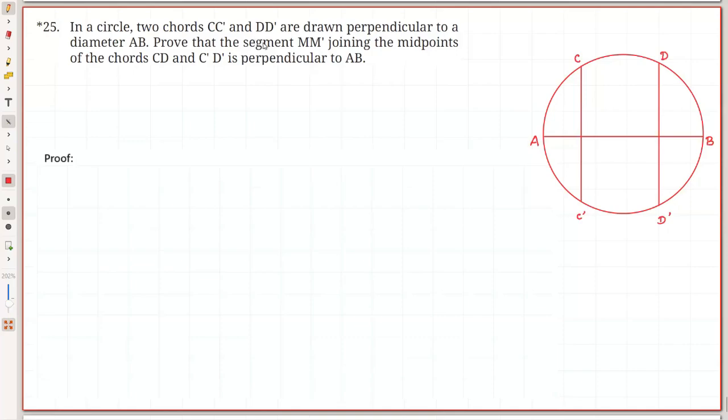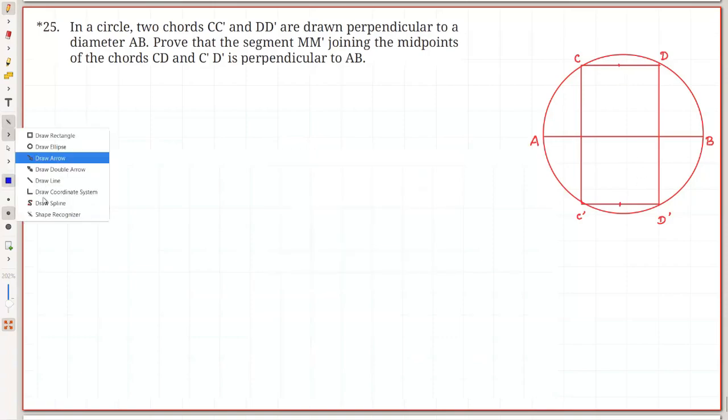Then I have to find the midpoints: this is one midpoint and this is the other midpoint, and join them. We have to prove it is perpendicular to AB.